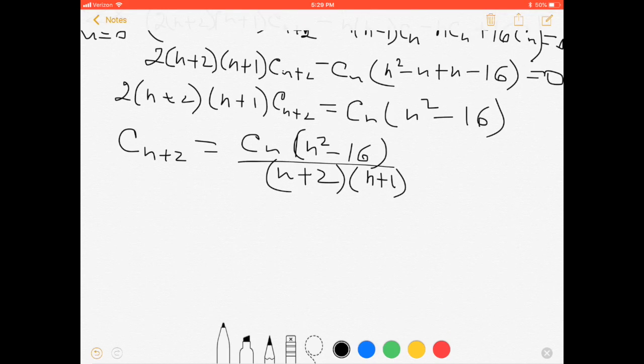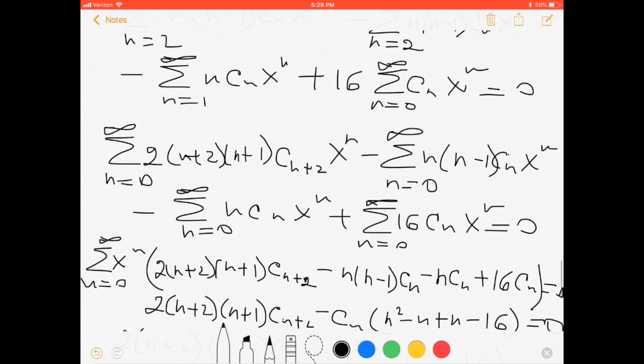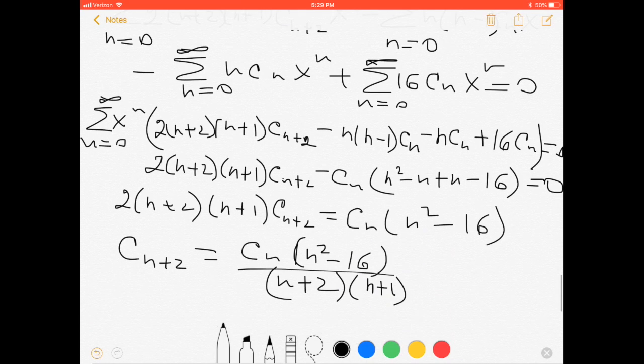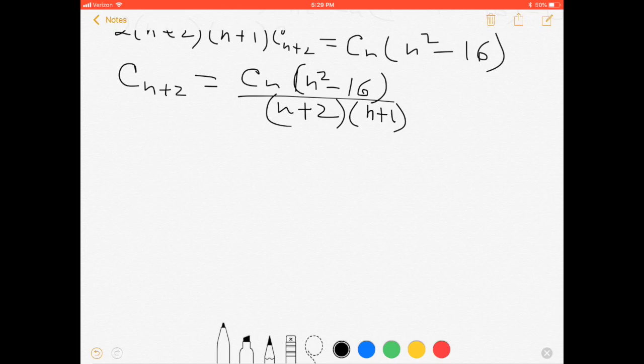Just a moment, do we have an initial point or not? I think we don't have any additional point. This means I can write, this is the problem: if n equals 4, the numerator will be 0.